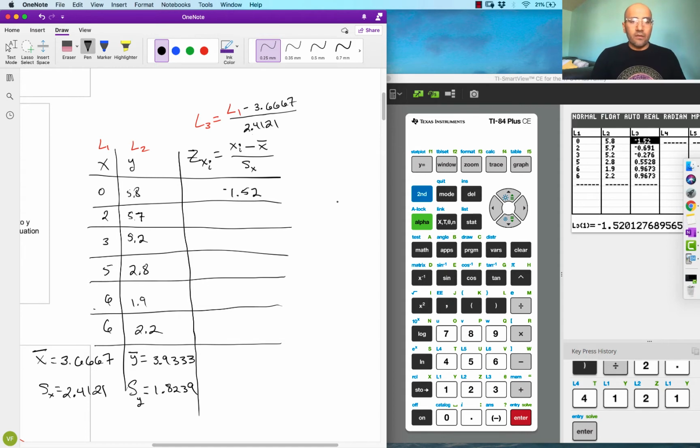So for now, I'm just going to put that in here: 0.691, negative 0.276, 0.5528, 0.9673, and also 0.9673.